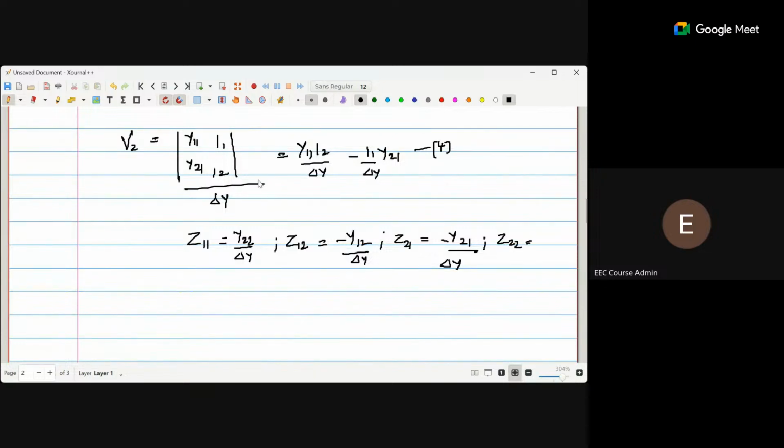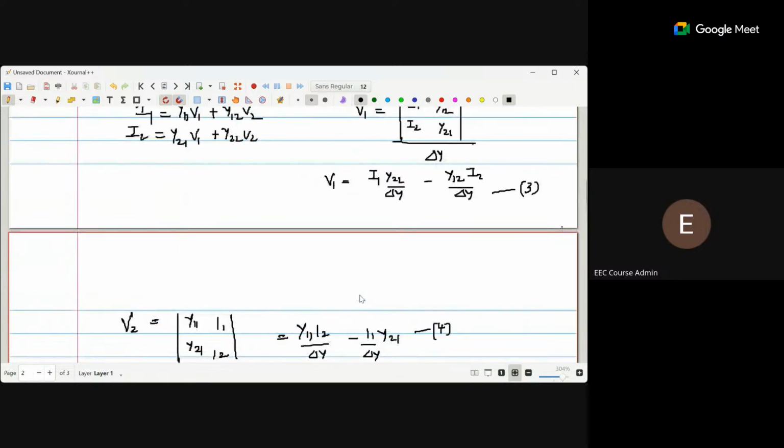It is the coefficient of this I2, Y11 by delta y. Is it okay?